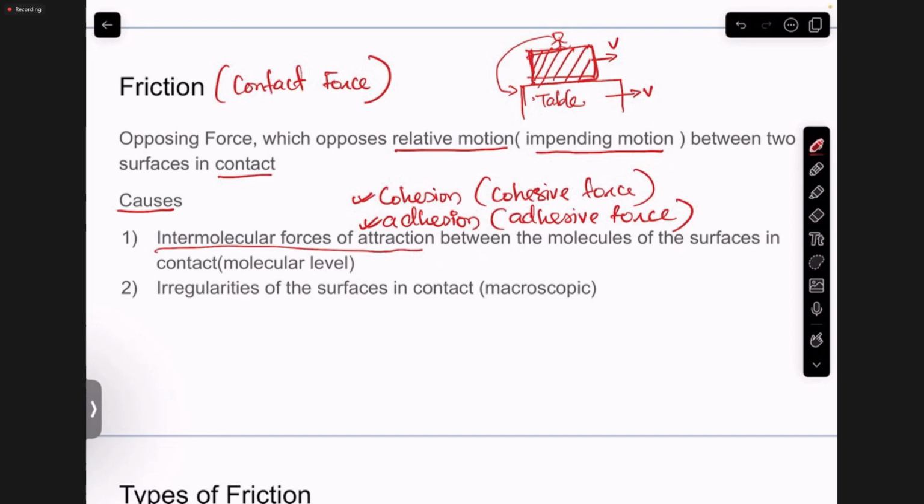When we are talking about two surfaces coming into contact, for example, placing a book on a table, the book surface is also not that smooth. When you use a magnifying glass, you will get to know. Even the surface of a paper is not that smooth.